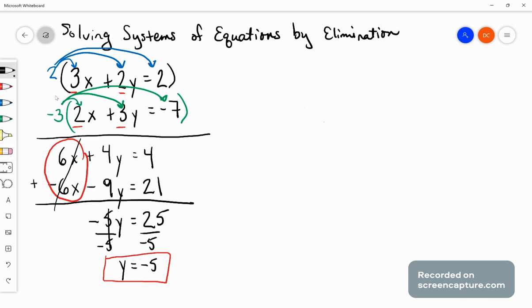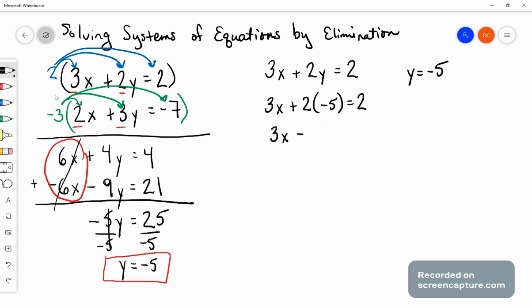So again, I want to take one of my original equations, 3x plus 2y equals 2, and I'm going to use y equals negative 5. So 3x plus 2 times negative 5 equals 2. 2 times negative 5 is negative 10, so we have 3x minus 10 equals 2.